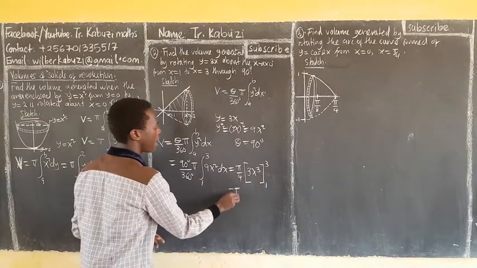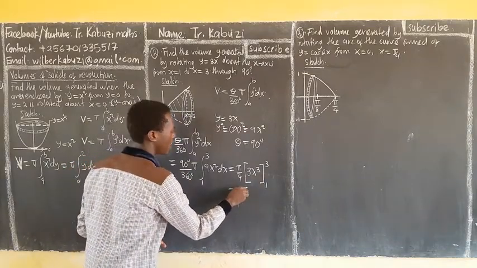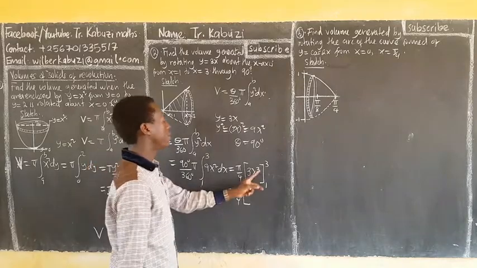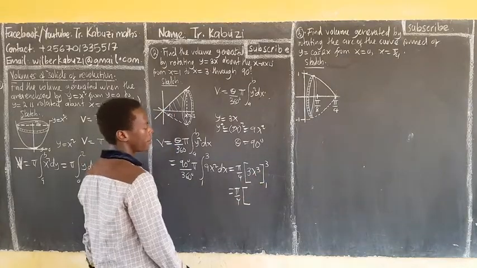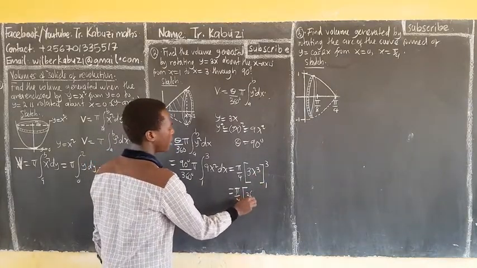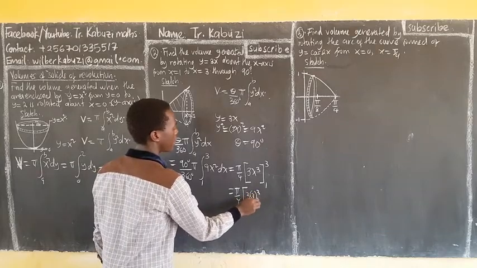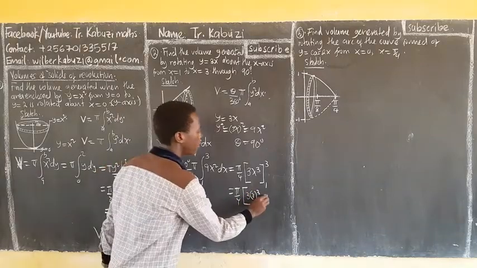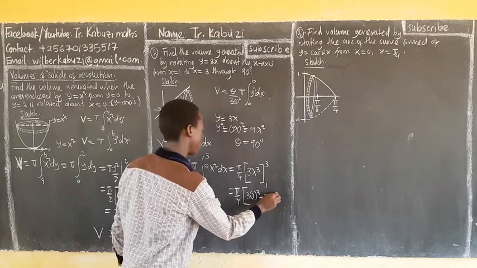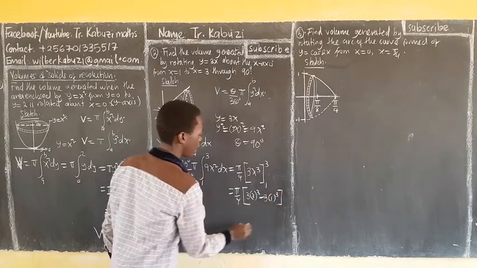We have now pi over 4 into, now I put in here 3. That will be 27, 3 into 3 cubed, then minus 3 into 1 cubed.